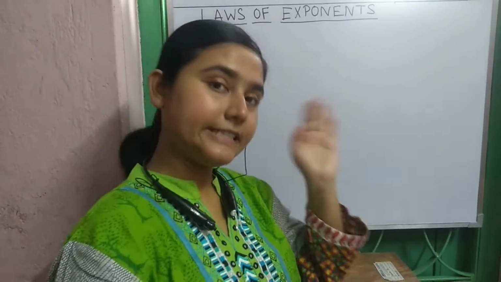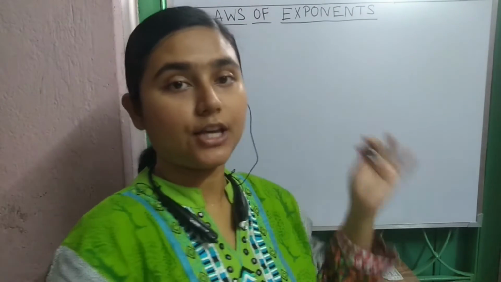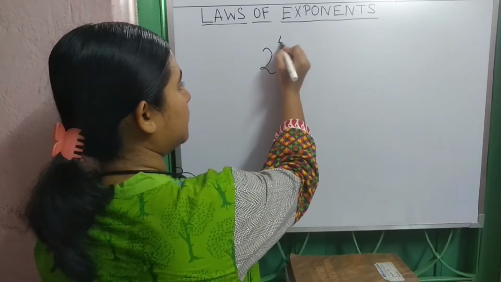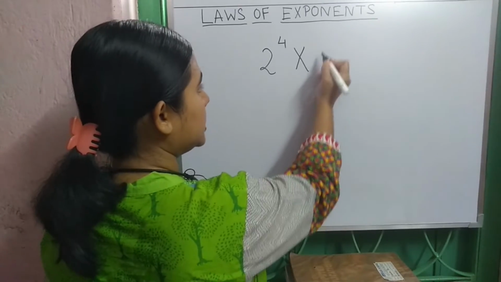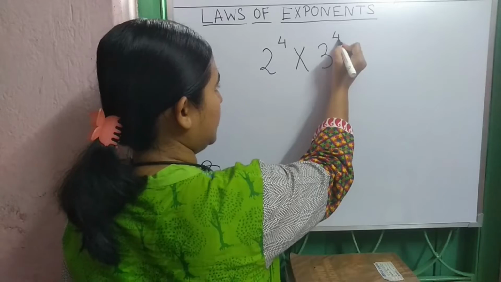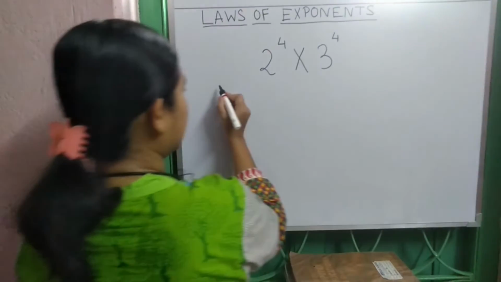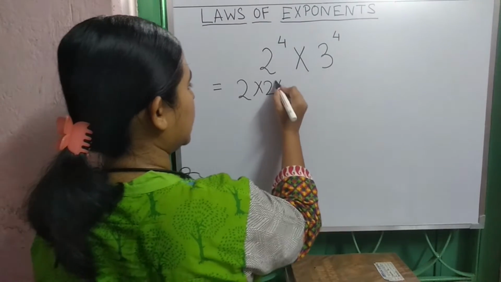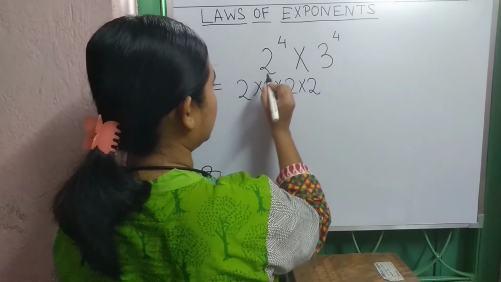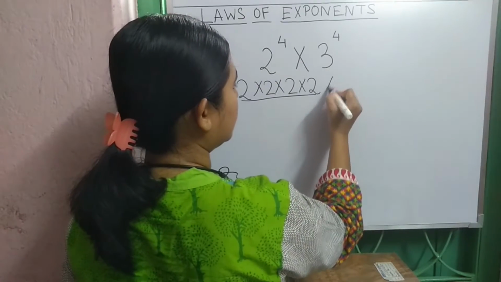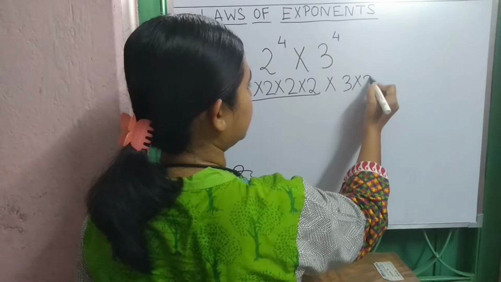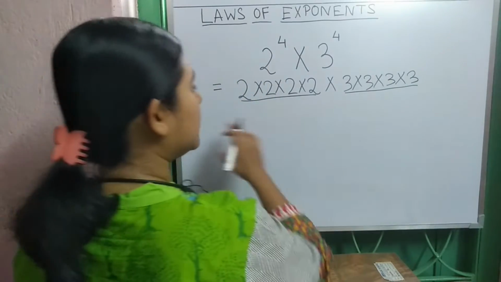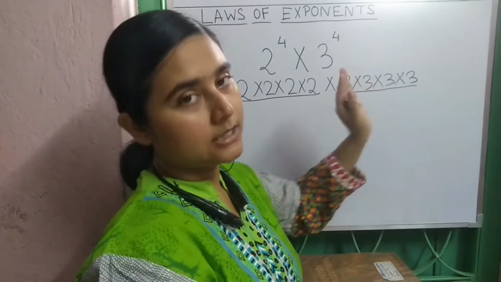Now come to the next formula. Suppose I give you a question like 2 to the power 4 times 3 to the power 4. Then you can solve it like 2 times 2 times 2 times 2 and 3 times 3 times 3 times 3, and then calculate it.